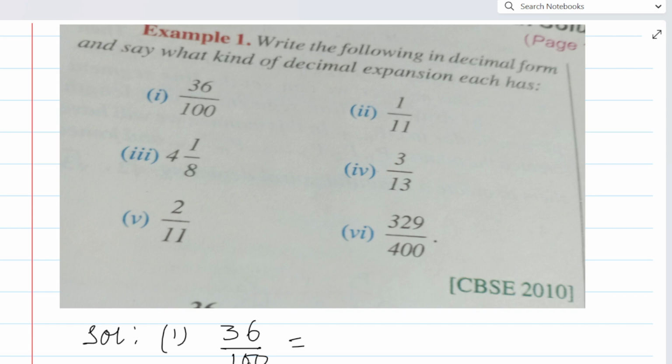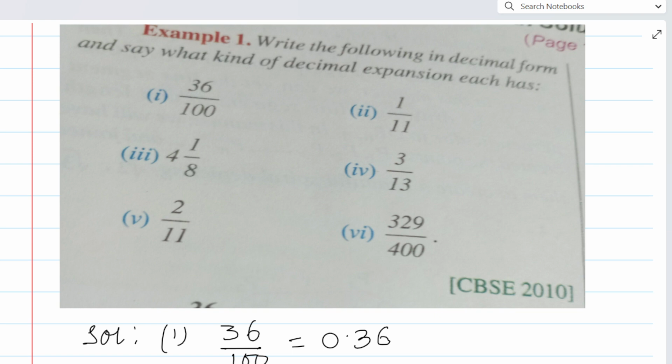This is a shortcut method. I'll show you the long method also, but you should know the shortcut method at the same time. So there are 2 zeros in the denominator. Let me write the numerator value first, 36. From the right hand side, I'll put the point before 2 digits. Before that, I can put 0. So your answer will be 0.36.